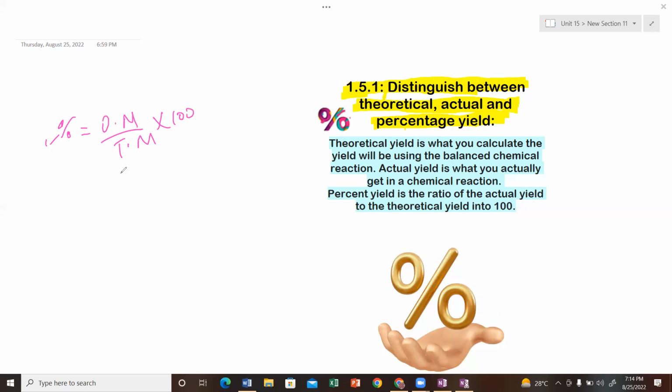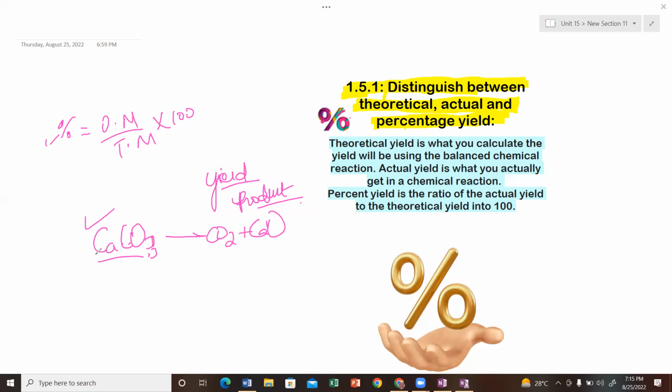Now, if we relate it with chemistry, in chemistry we consider yield. The word yield represents the product, right? So if I write CaCO3, calcium carbonate. Calcium carbonate is a very useful product to produce carbon dioxide and calcium oxide. It is easily available in the market, that is lime.